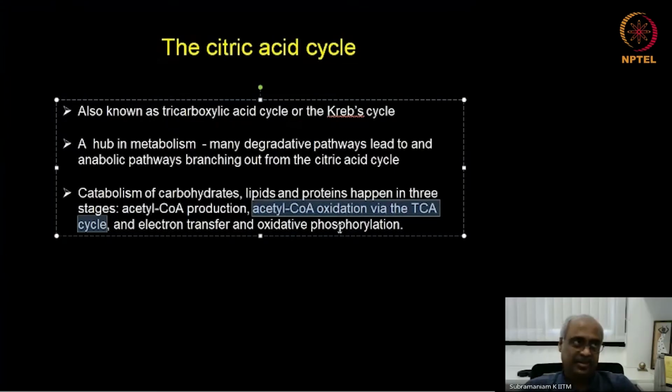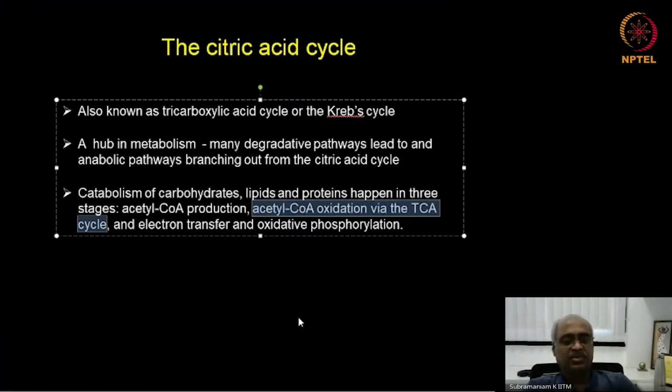Then the acetyl-CoA is oxidized via the TCA cycle, and in that process electrons are abstracted, and in the third step those electrons flow via oxidative phosphorylation to oxygen. So these are the three major steps of biological oxidation.